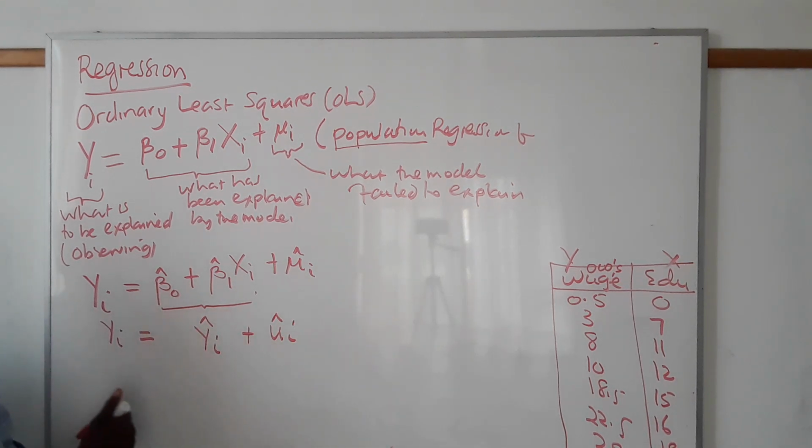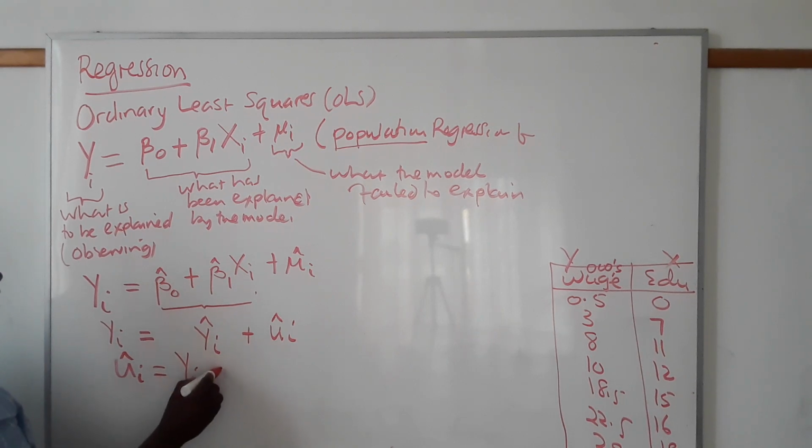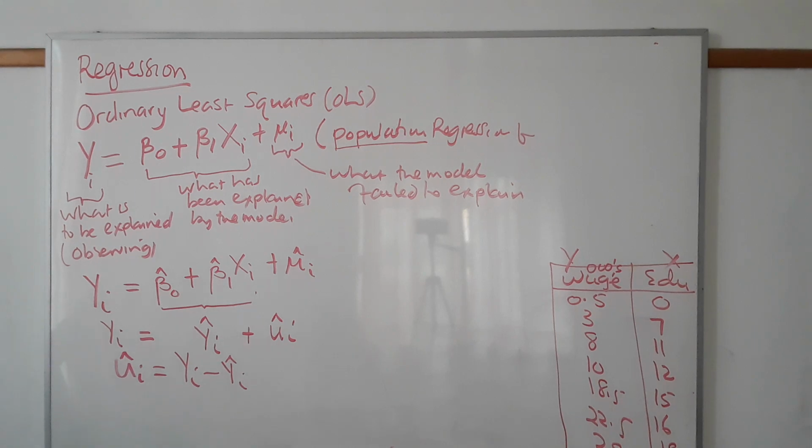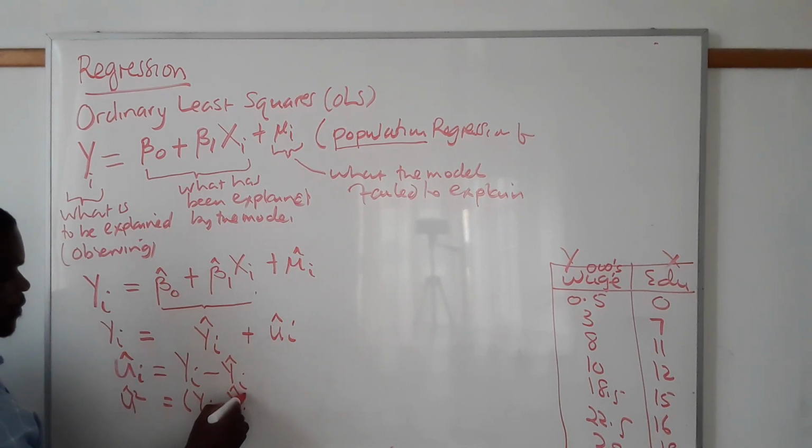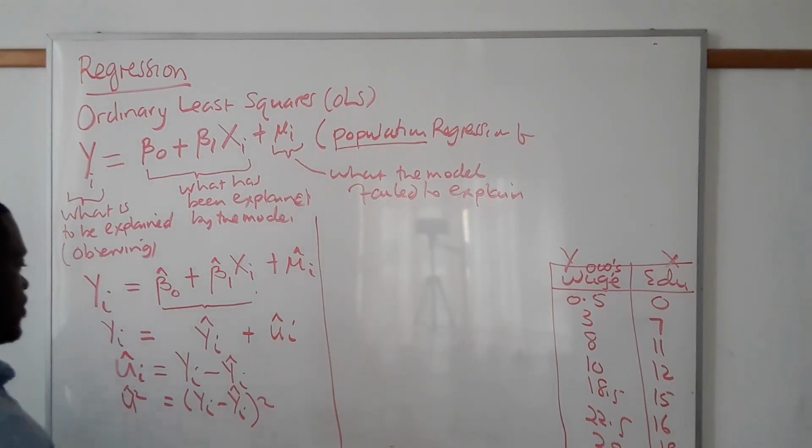Now we can rearrange this into mu hat i is equal to, we take this to the other side, becomes yi minus y hat i. Right? So we need to square this, we square that, and we also square this. Then we are required to sum both sides.